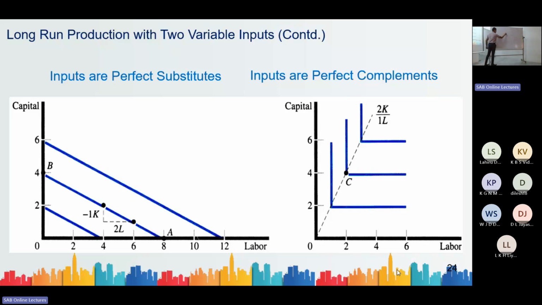Either this or this. Or a combination is also possible. We can use 500 grams of local potato and 500 grams of imported potato to produce 1 kilogram of potato chips. The combination is also possible.